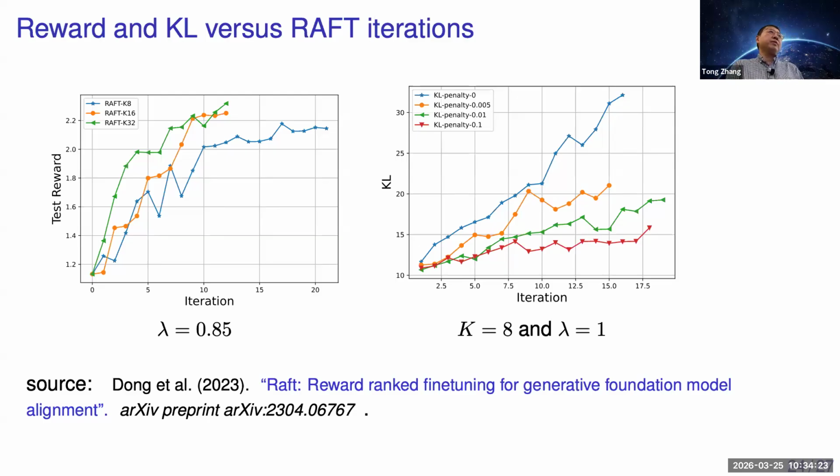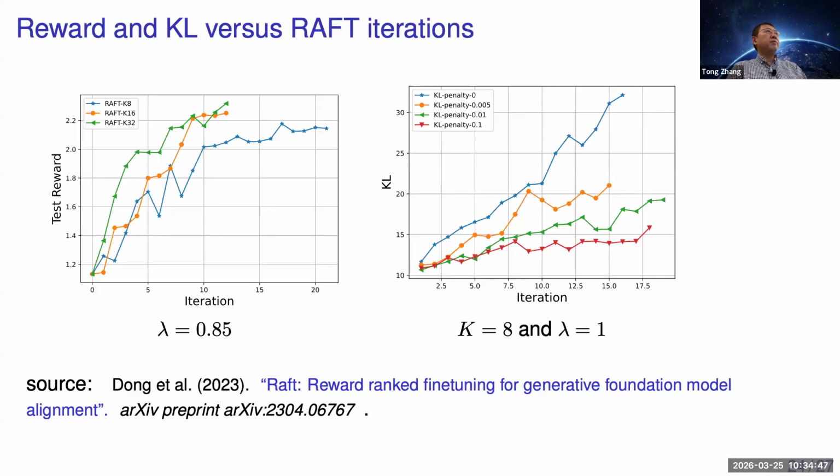The algorithm compared with DPO is really in the policy update stage: you work with SFT data rather than preference data. DPO works with preference data, and Raft works with SFT data. They also have different ways of choosing. In DPO, you give a pair, and you keep both.